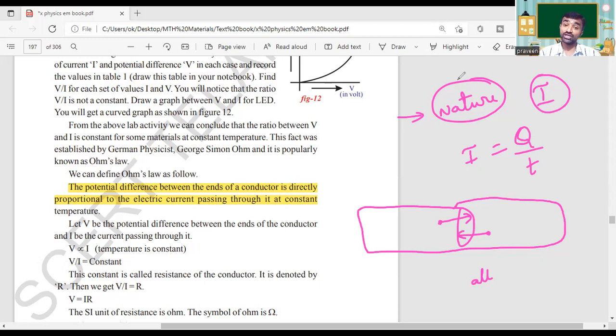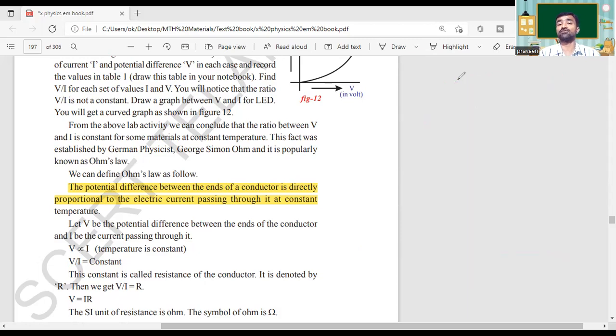The number of collisions made by the particles in the material will decide the amount of current passing through it. If the collisions increase, the amount of current passing through it decreases, because the motion of charges is obstructed due to collisions.